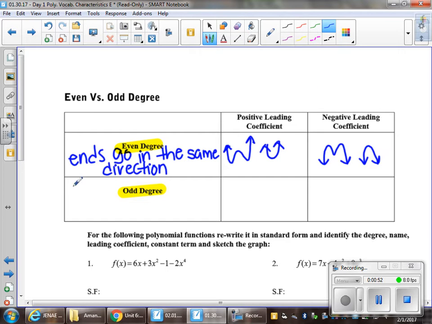For odd degree, the definition, ends are going in the opposite directions.